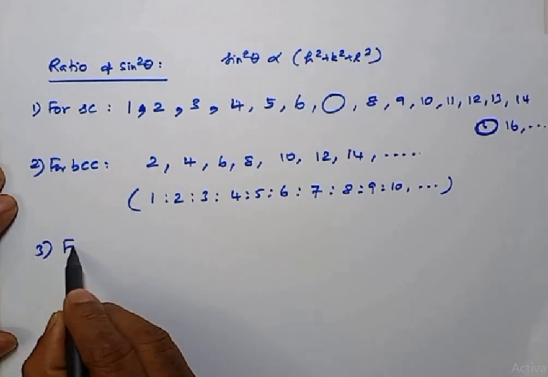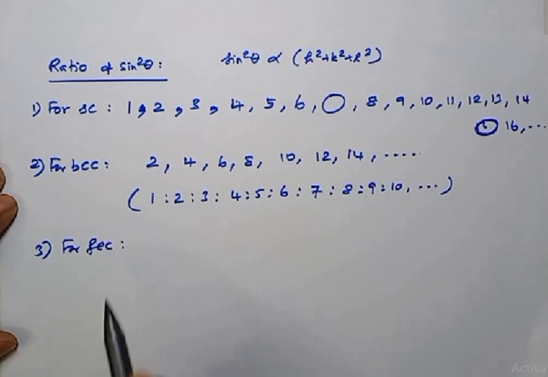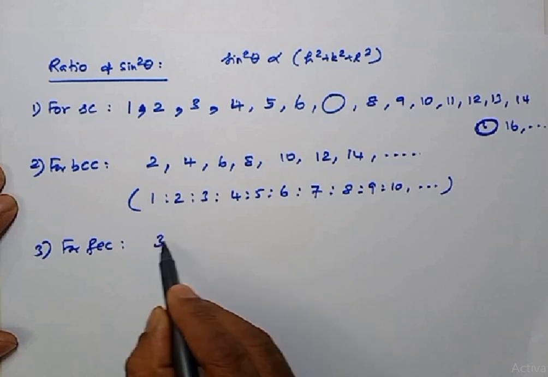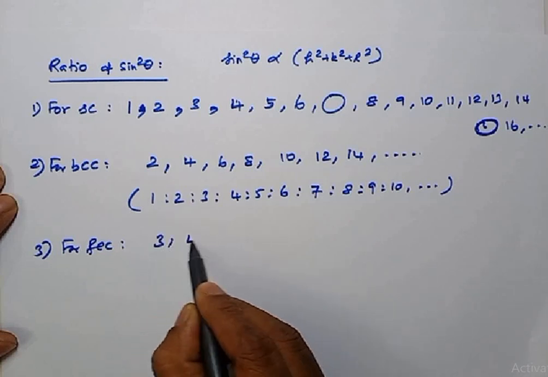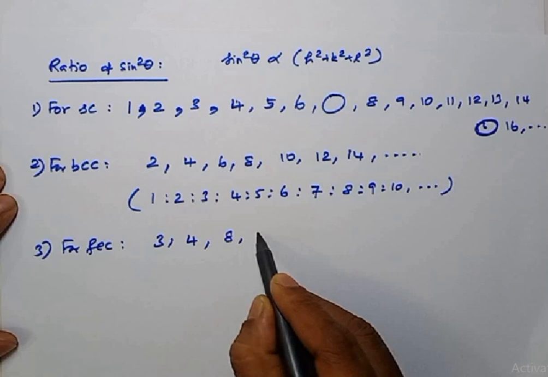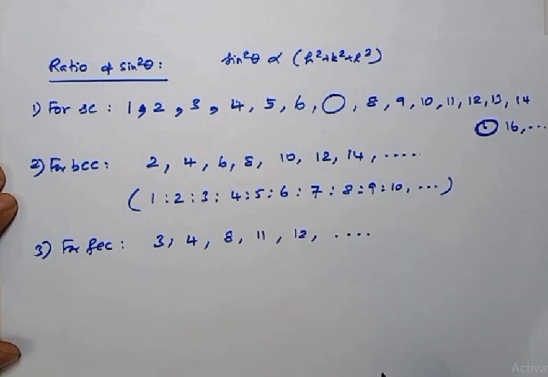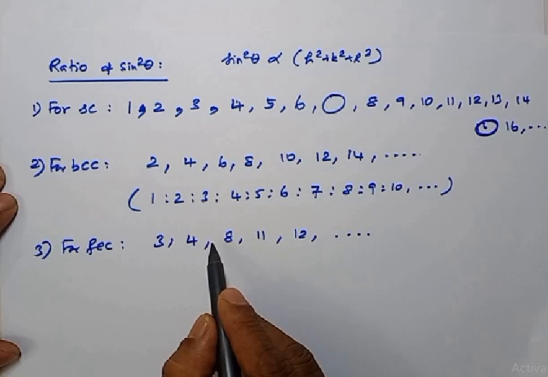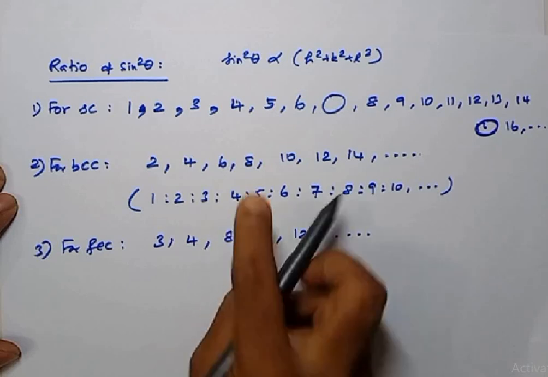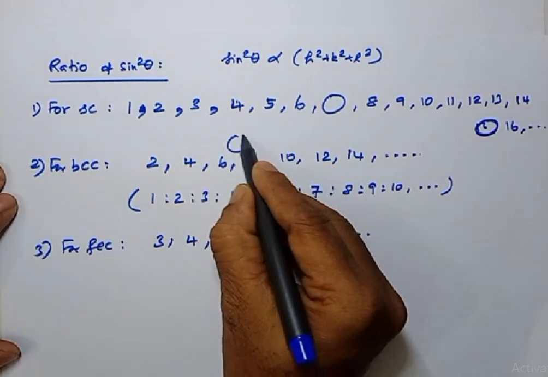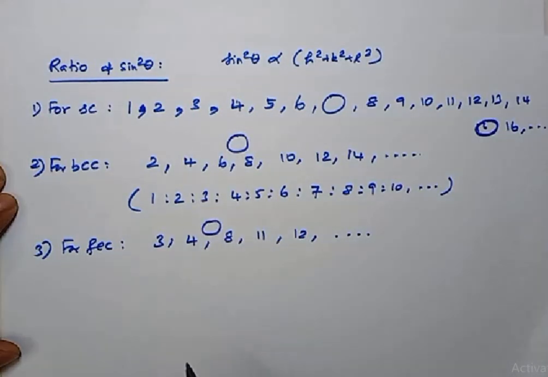Then for FCC, face centered cubic crystals, we get signals at 3k, 4k, 8k, 11k, 12k, etc. Remember, no peak at 7k. Here also no peak at 7k, and no peak at 15k.